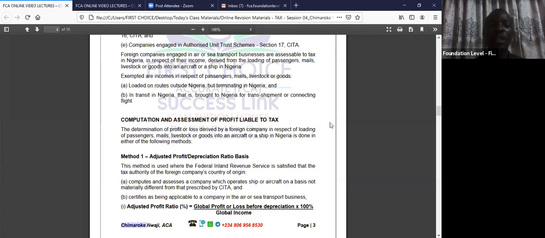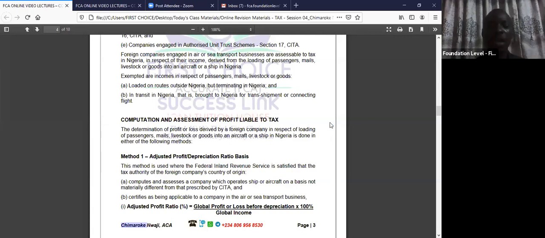Okay? So let's say your adjusted profit, there is no loss. By the time you have your net profit, you've adjusted it, it now becomes either adjusted profit or assessable profit. So the next thing to do is to look at capital allowances.